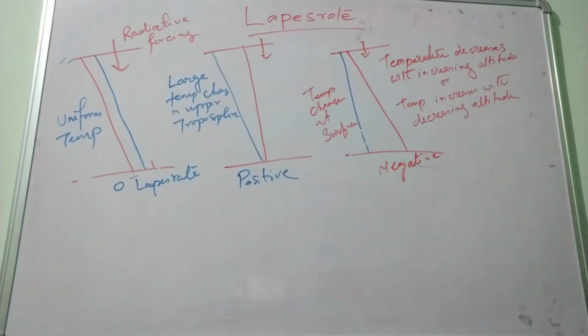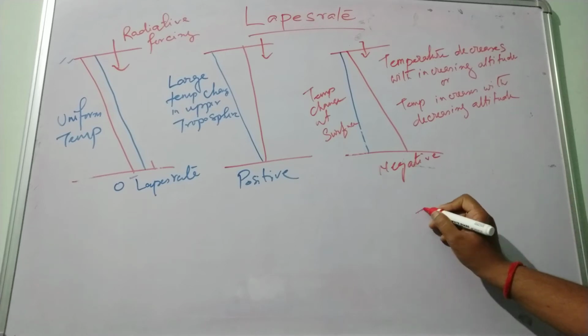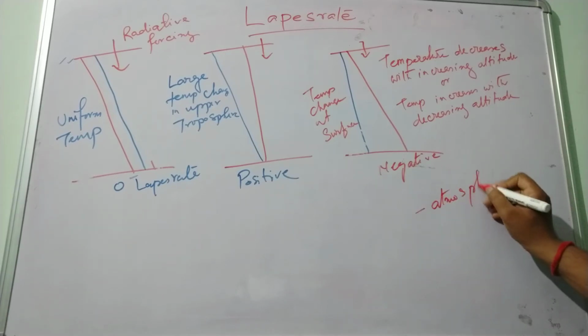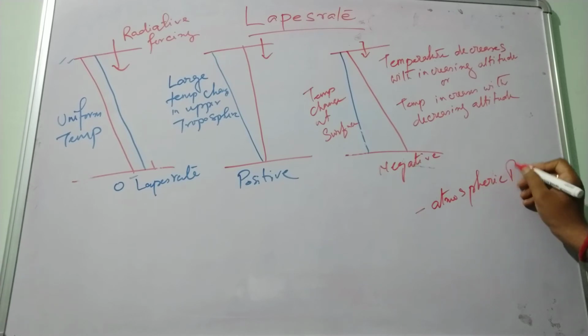So the temperature basically falls with increasing elevation. There are two main important aspects. One is the atmospheric pressure. A fall in atmospheric pressure implies the temperature also falls.